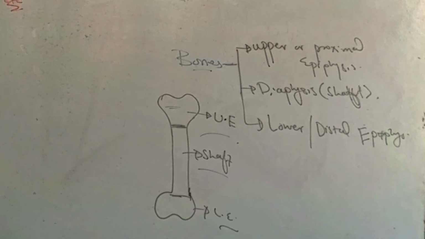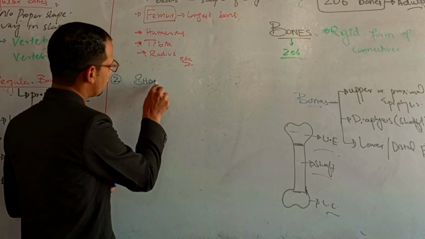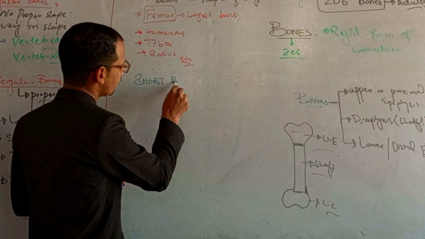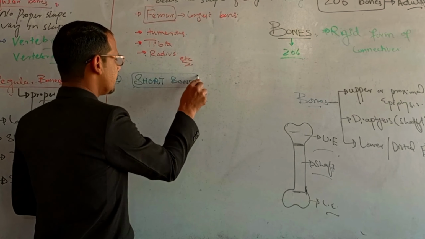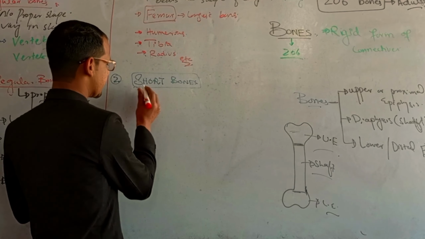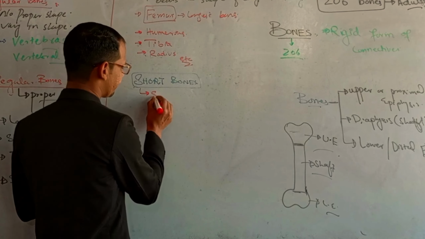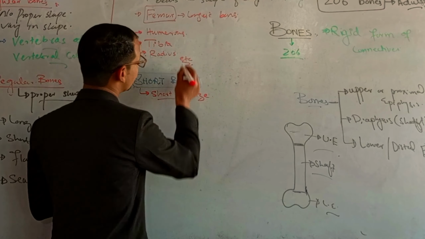The next type is short bones. Short bones are short in size. What is the main function of short bones as compared to long bones?